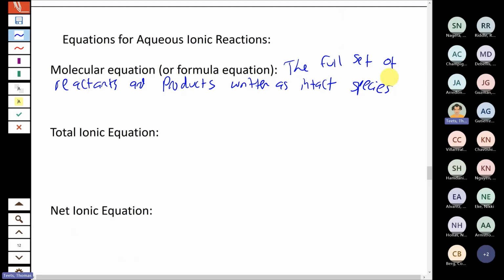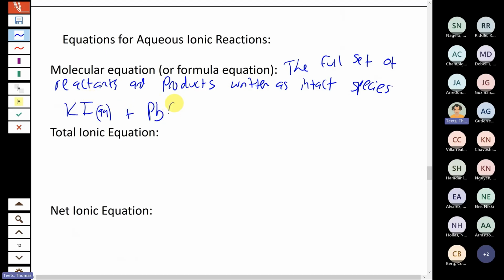We just write everything as it's paired together. So for the one we've been dealing with in this example, we had potassium iodide. What is fairly important is to put these little AQs next to the things that are soluble. Anything that's a soluble ionic compound would be dissolved in water and needs to be indicated as AQ for it to be correctly denoted.